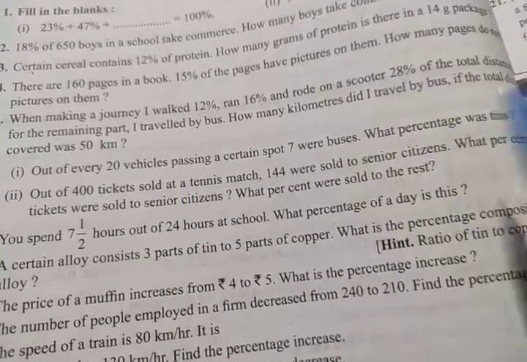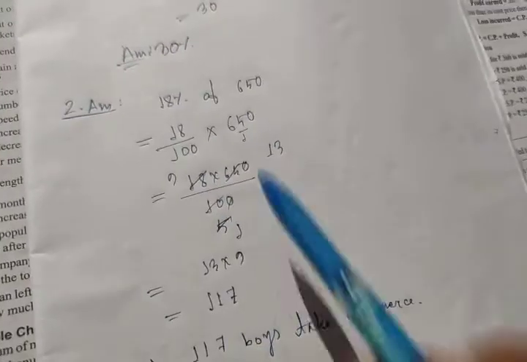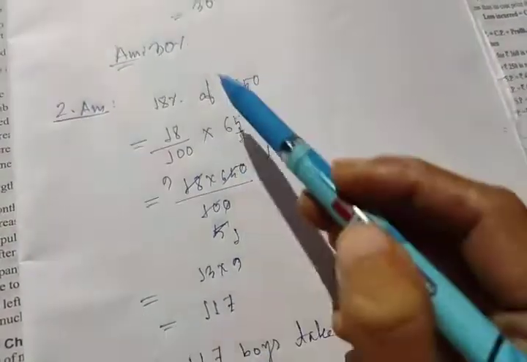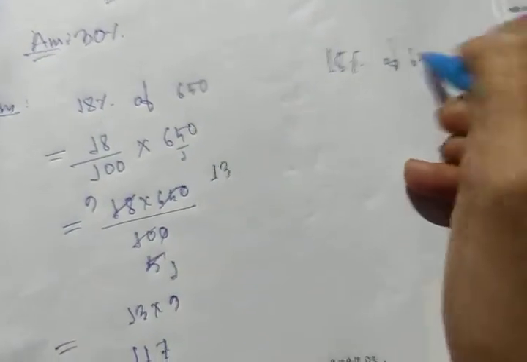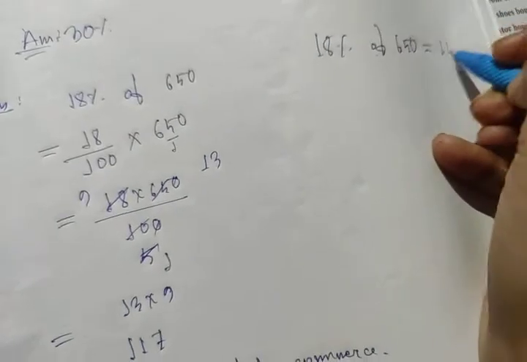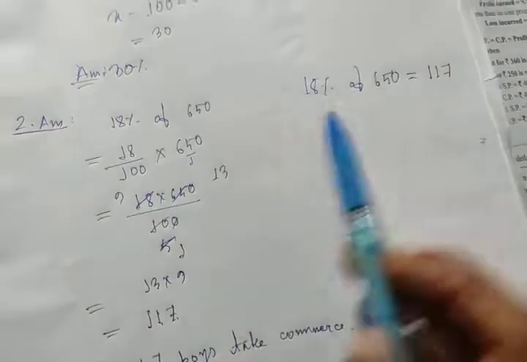What percentage was this? Now if you see question number 2, how can we express that question? 18% of 650 is equal to 117. 117 is nothing but the value of 18% of 650.